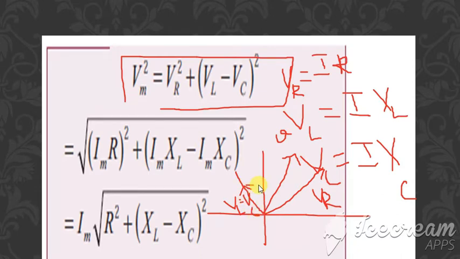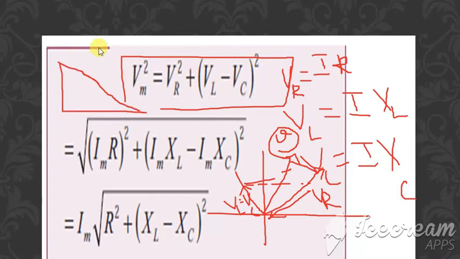So this is the hypotenuse, and this side we have VL minus VC, and this side we have the term VR. This is what we draw from the graph. If we take just this triangle from the graph, we will get this, and you write it as Vm square.